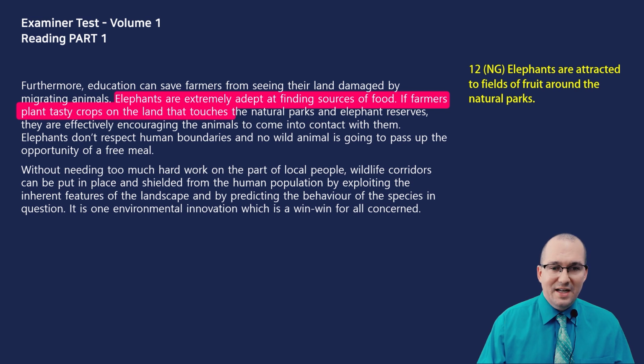So tasty crops doesn't necessarily mean fruit. Crops could be wheat, barley, oats, rice. So the question specifically focuses in on fruit, but it could be any crop. So unfortunately, this one's a bit tricky, as I mentioned when we were looking at the questions. So for sure, this one is not given.